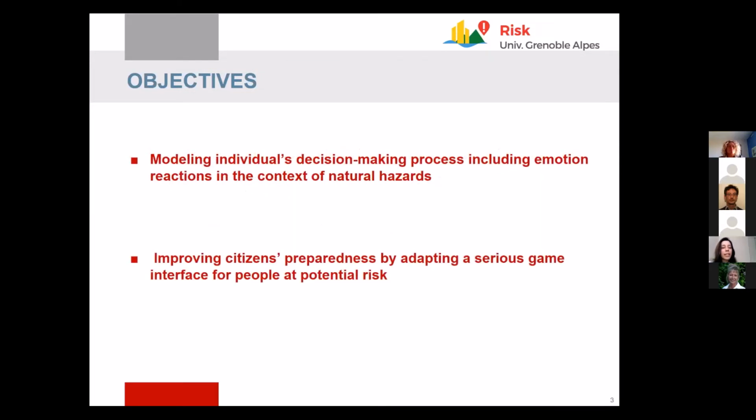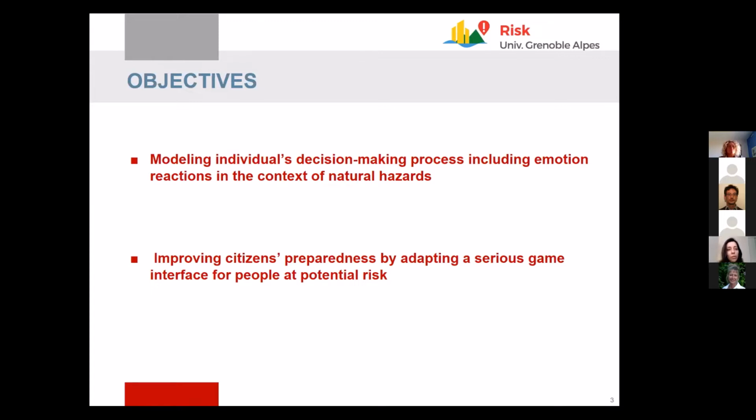The next objective of my research is in the marketing scope. In the marketing scope, we are looking more into how the individual's decision making can affect their preparedness.